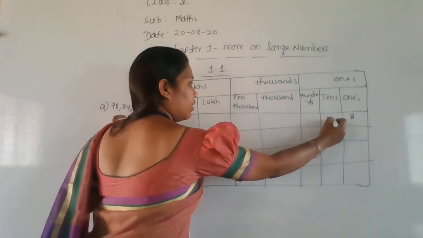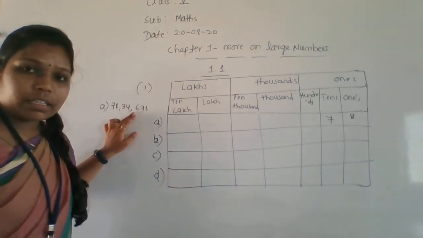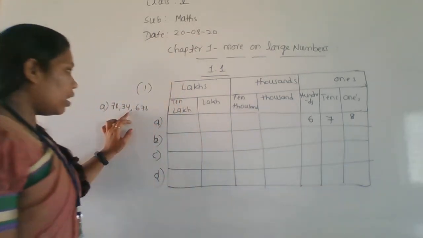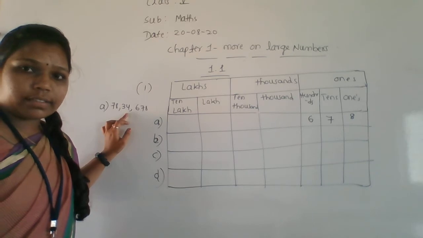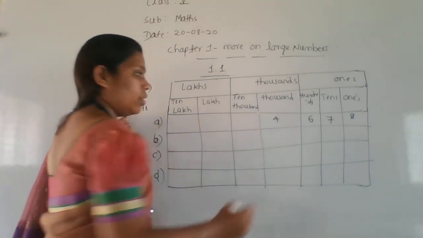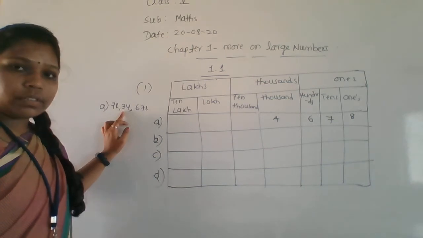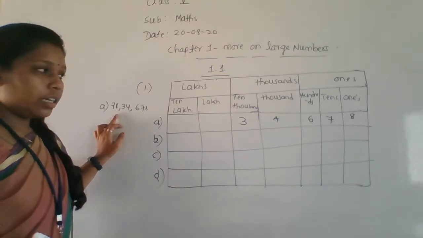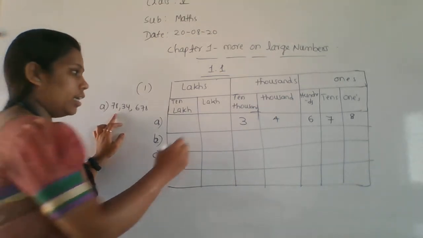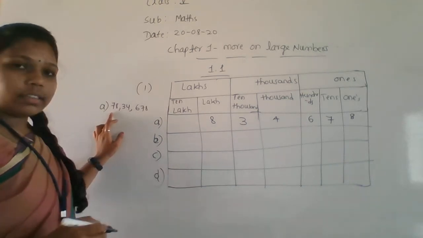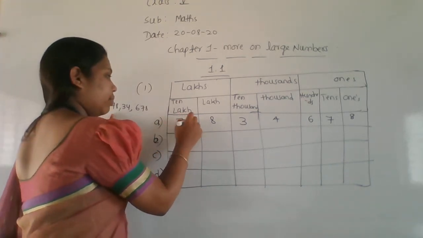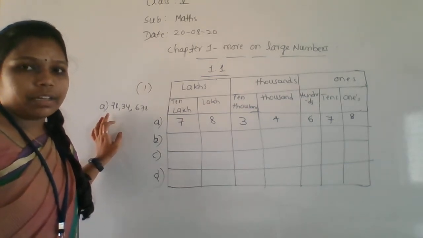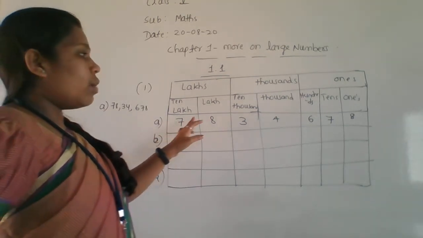Right here 8. In the tens place, 7. In the hundreds place, 6. In the thousands place, 4. In the 10,000 place, 3. In the lakh, 8. In 10 lakh, 7. So like this we have to write the place value chart here. Getting everyone?